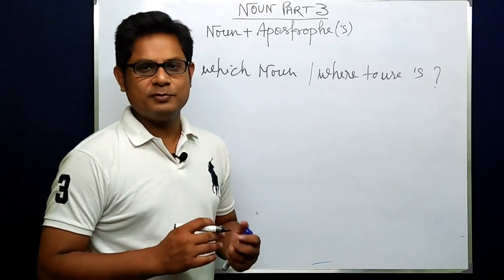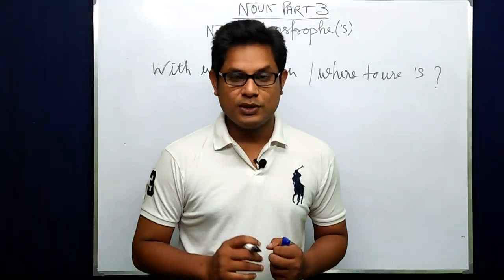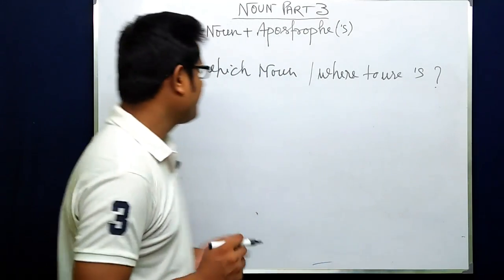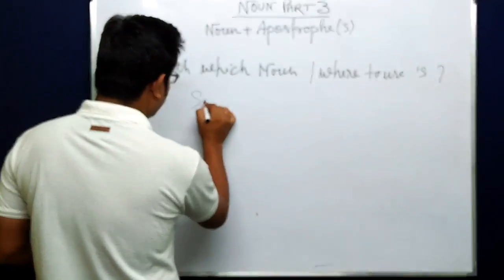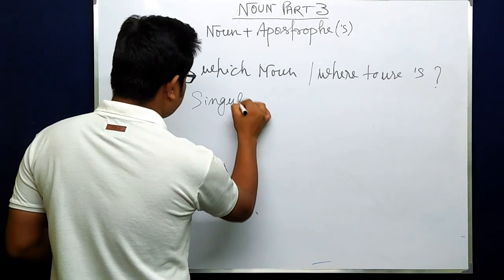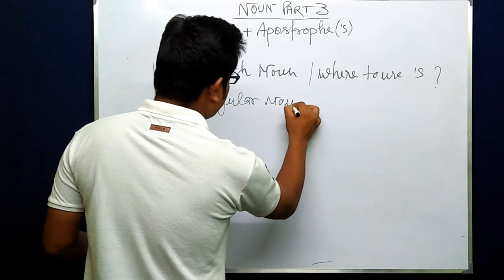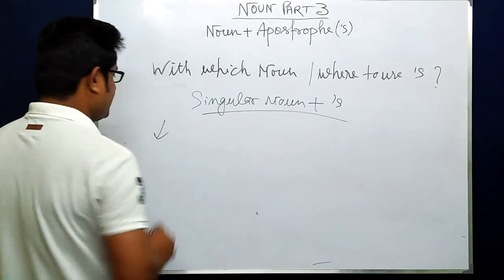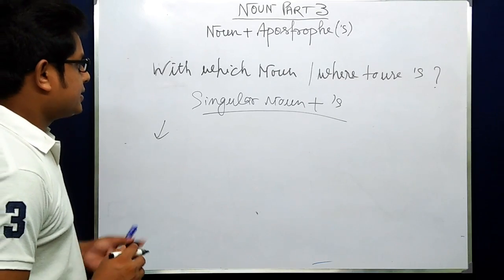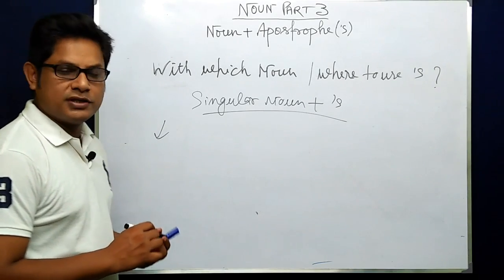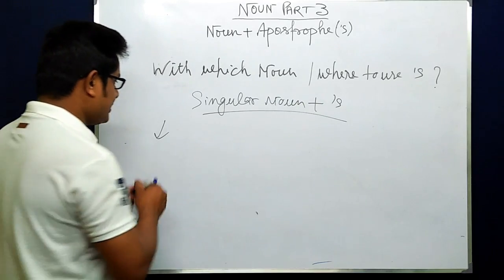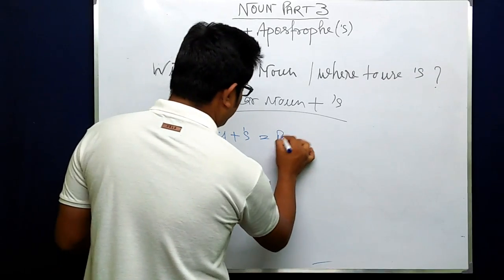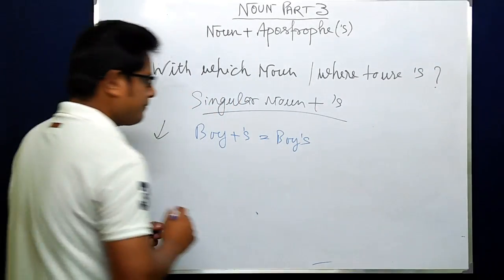See, now you have to know how to use apostrophe s with a singular noun or how to use apostrophe s with a plural noun. Clear? So singular noun plus apostrophe s. This is the thing that you have to know. When you use apostrophe s with a singular noun, it's very easy. Clear? Suppose if I say boy plus apostrophe s, it would be boy's.